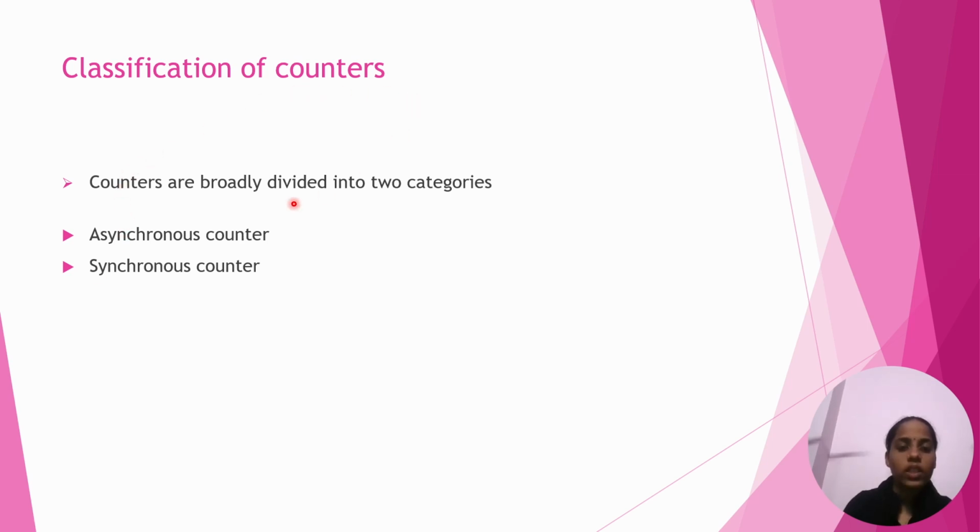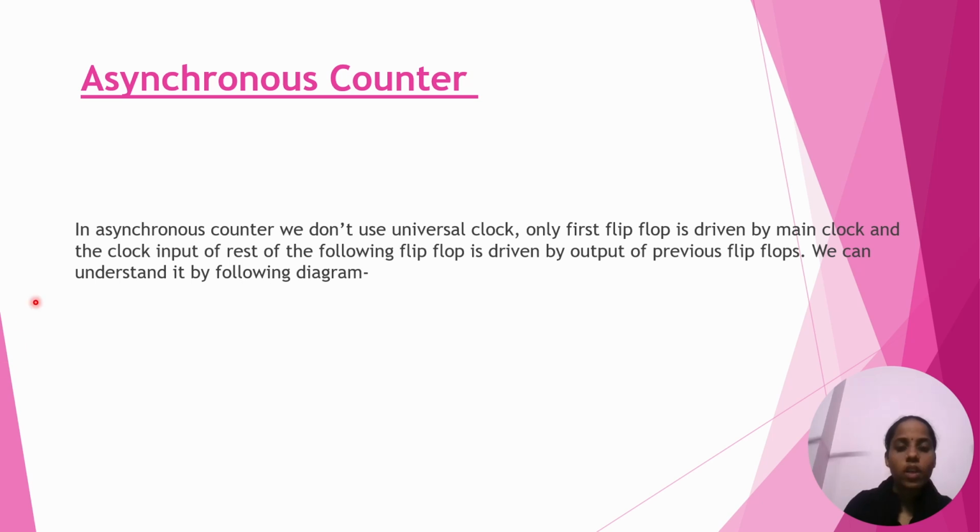Classification of counters: it is divided into two categories, asynchronous counter and synchronous counter. First we will see the asynchronous counter. In an asynchronous counter, we don't use a universal clock. Only the first flip-flop is driven by the main clock, and the clock input of each following flip-flop is driven by the previous flip-flop.